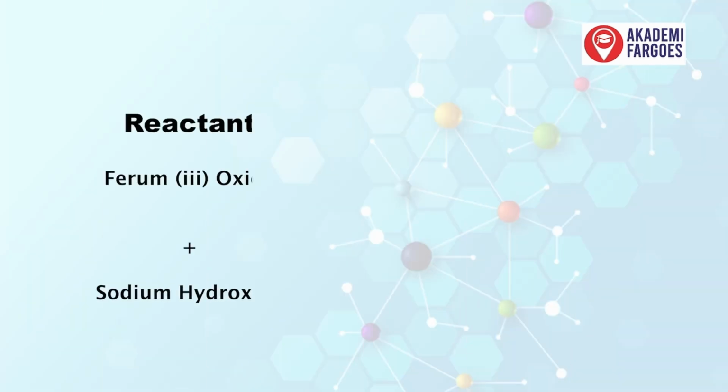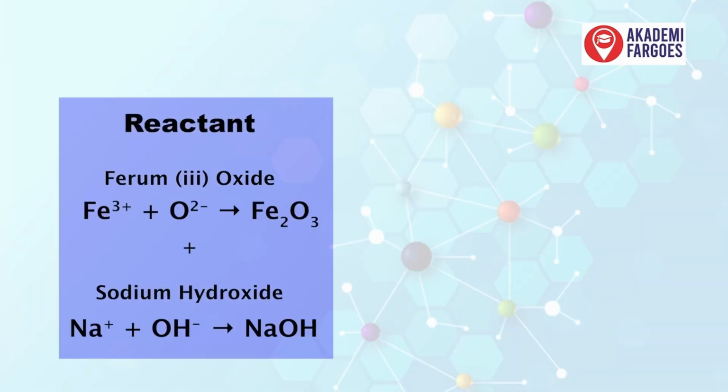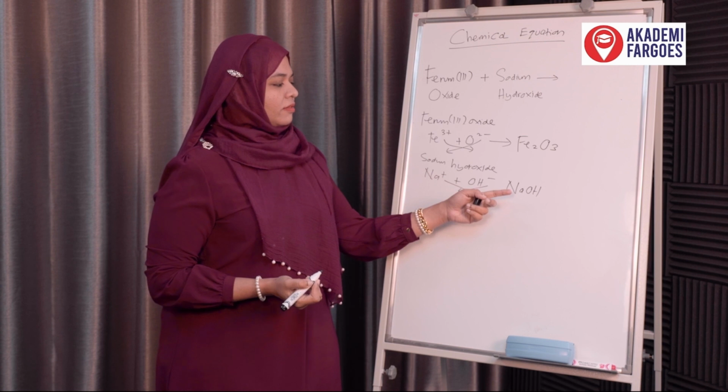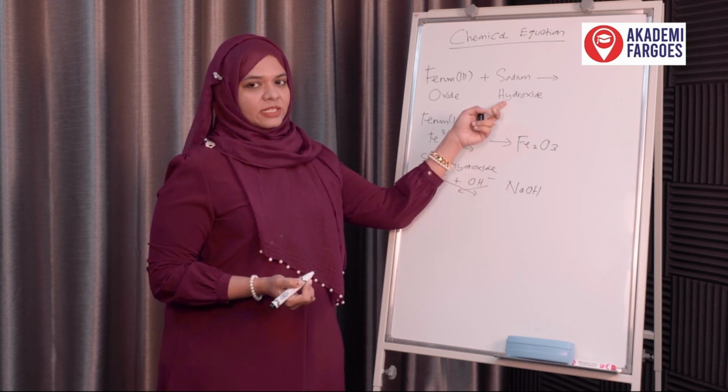Will produce Fe2O3 for first reactant. Second reactant, sodium hydroxide. Sodium is Na, hydroxide is OH minus. 1 and 1, you cross, NaOH. Chemical formula for sodium hydroxide.